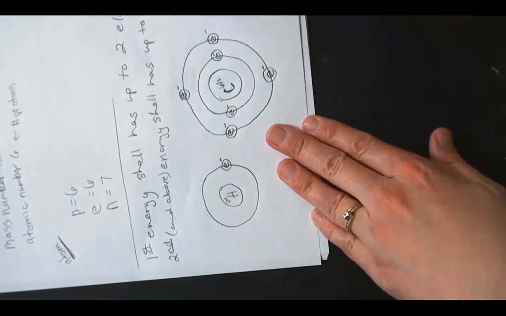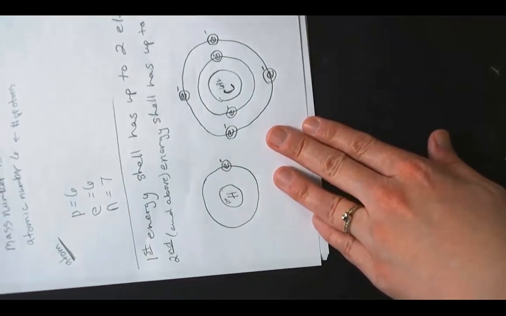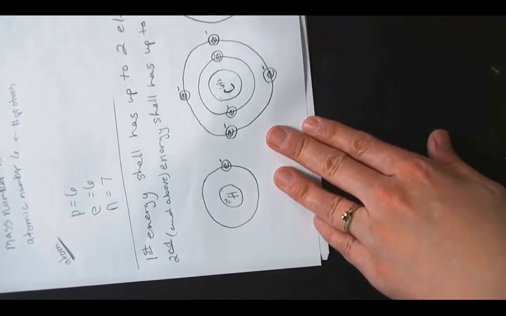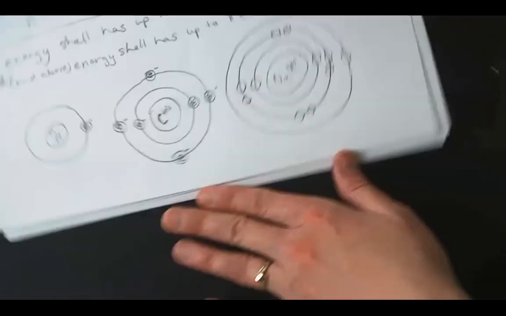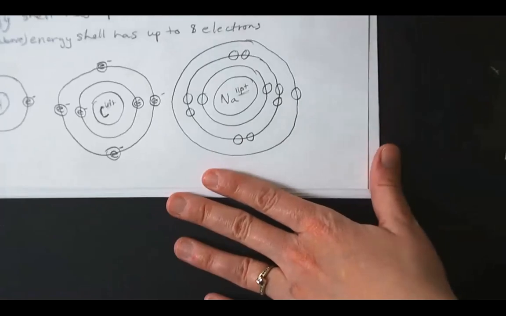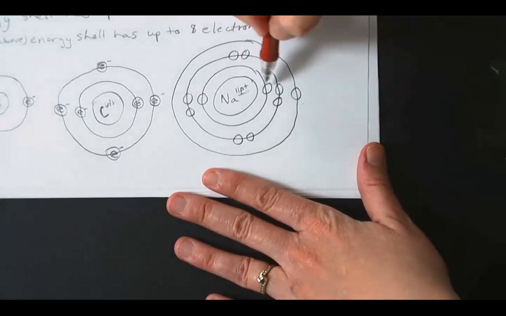First shell, 1, 2, 3, 4, 5, 6, 7, 8, 9, 10. This shell can only hold 8. I know I have 11 protons, so that's 11 electrons. So we have to have 11 electrons.